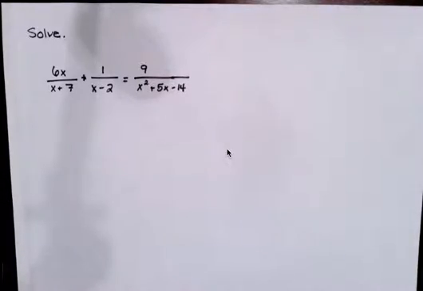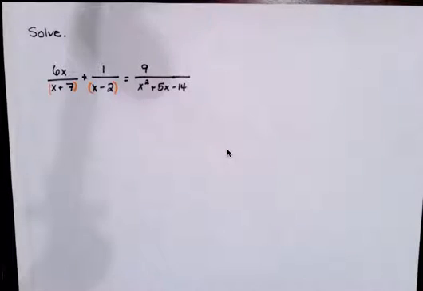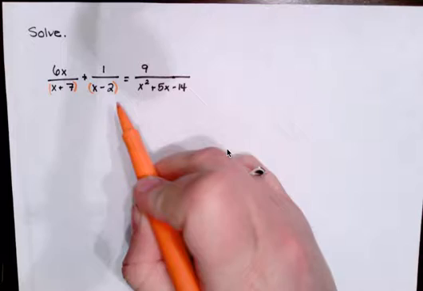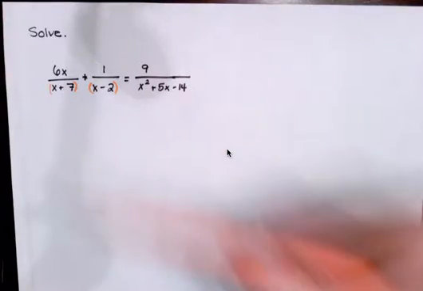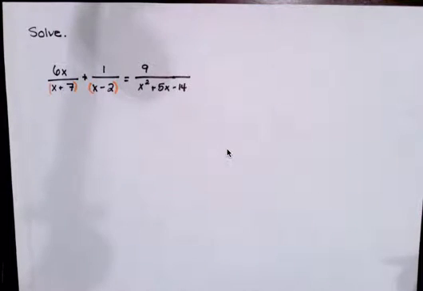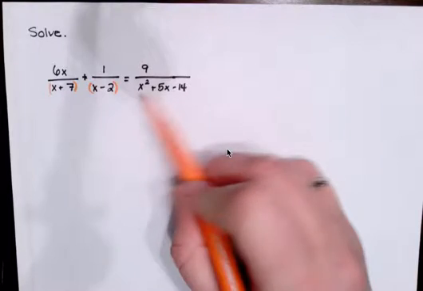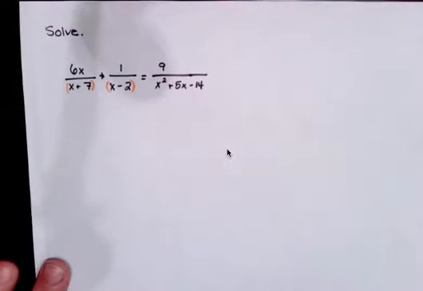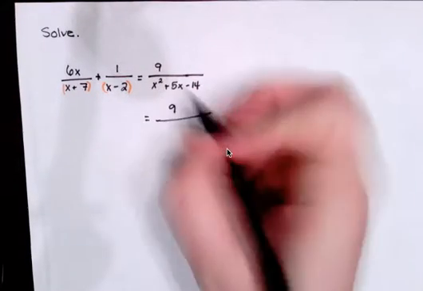The problem, though, is that instead of just numbers, I have these little linear sections. So I have x plus 7 and x minus 2. To get a common denominator when we're dealing with linear parts, that means we have to have all the same linear parts underneath the radical. And this one is not linear, this is quadratic. So I first have to figure out what that is as a linear representation, meaning I have to factor that out.